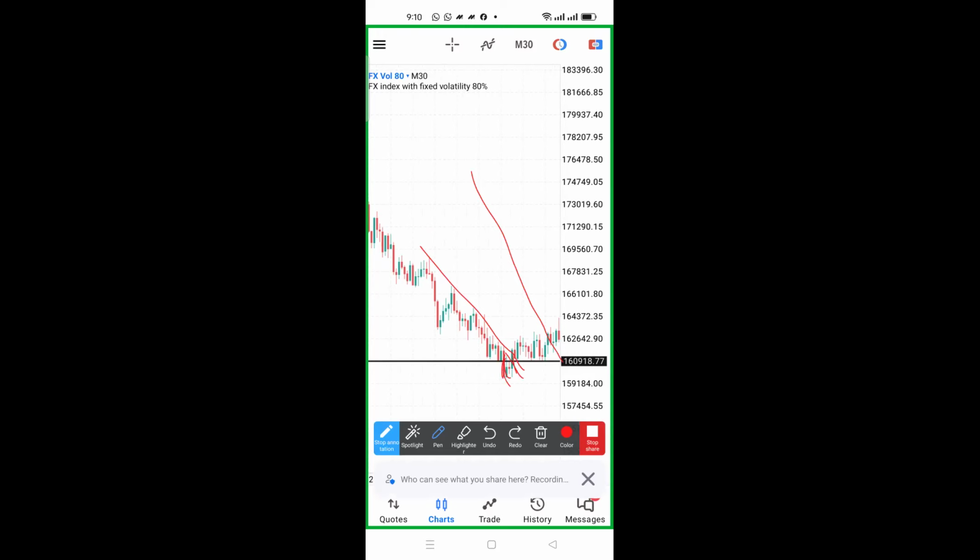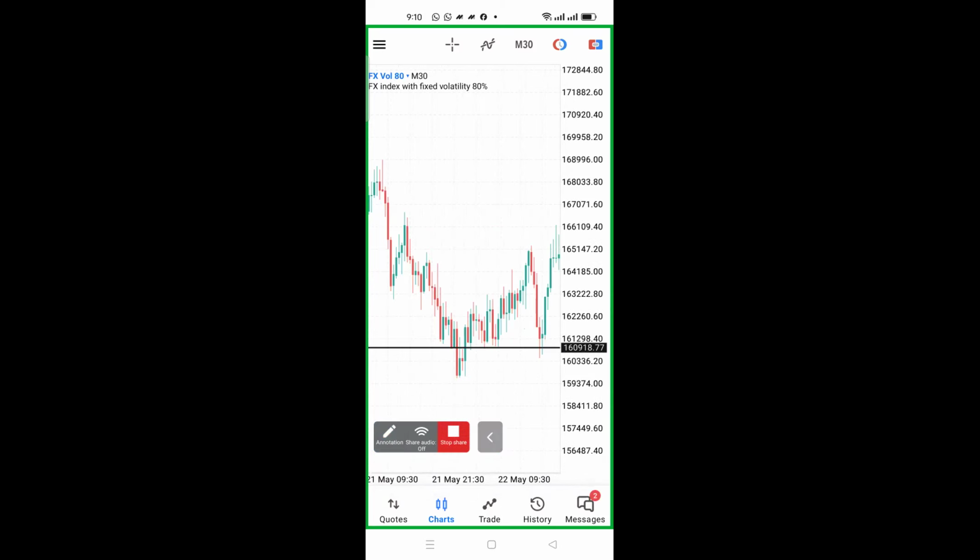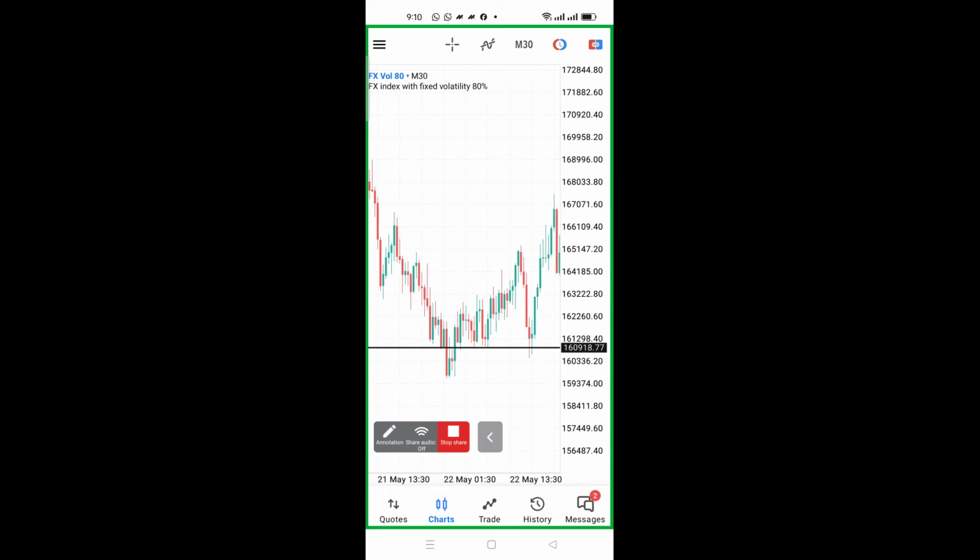All right, it broke through but could not sustain it, and it went back up again. Came back to it, bounced, came back again, bounced, came back again, bounced, came back again for the fourth time and still bounced. It's after this time that the journey upward resumed. Okay, so this is a support.